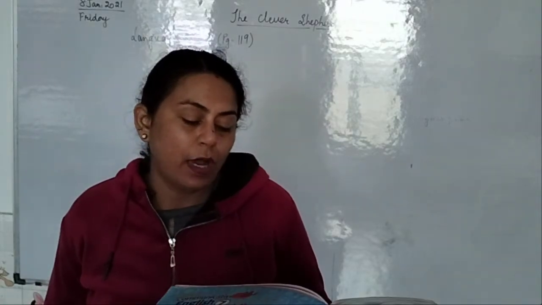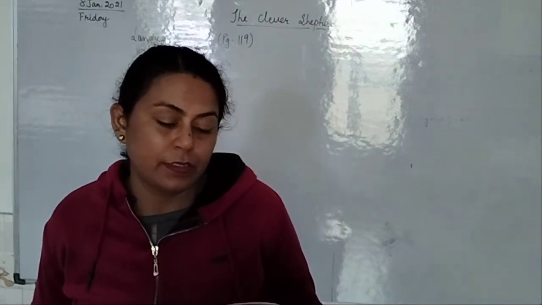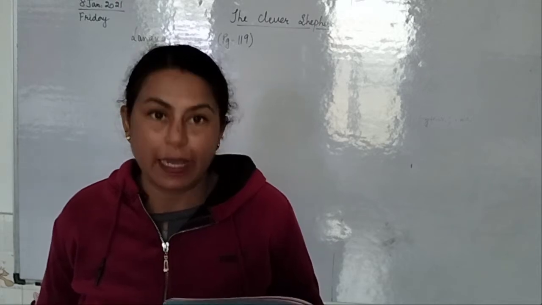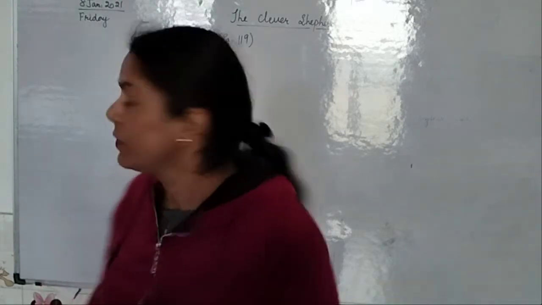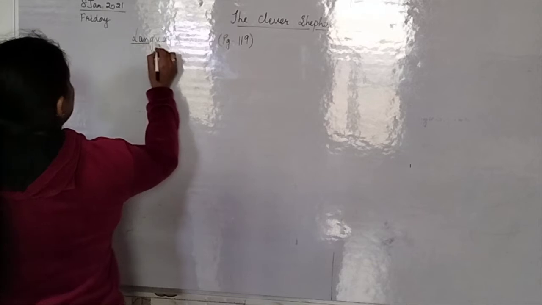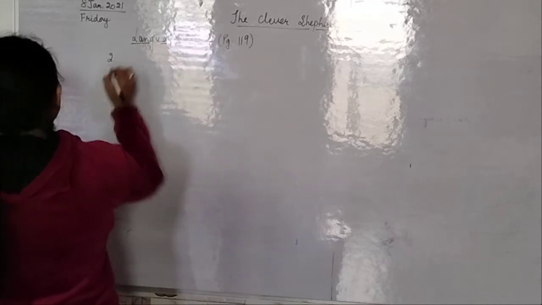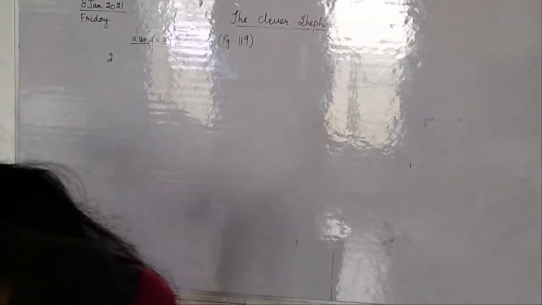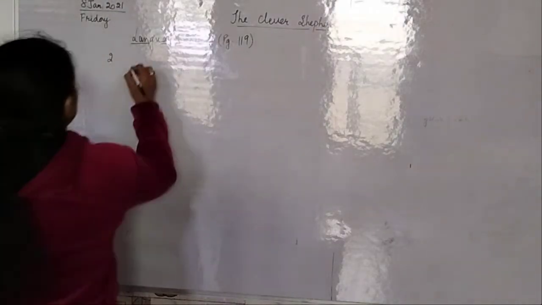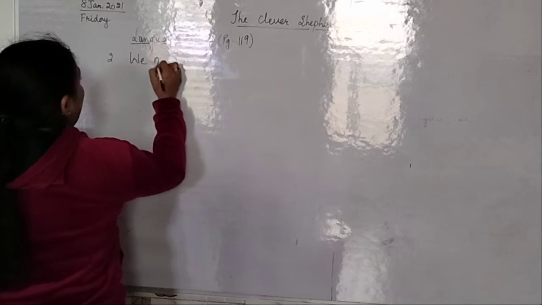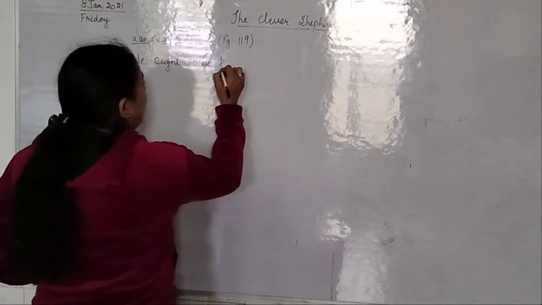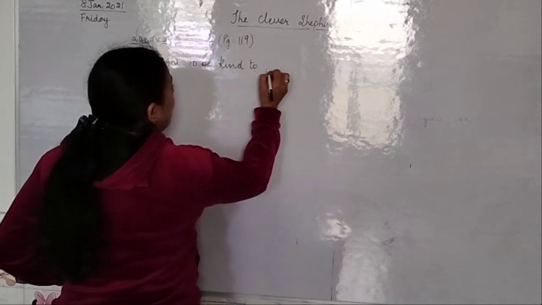Now animals are our dumb friends. So we have to use the word kind. So this first one is done for you and second one we will do. So we will write, animals are our dumb friends. So we can write, we ought to be kind to animals.